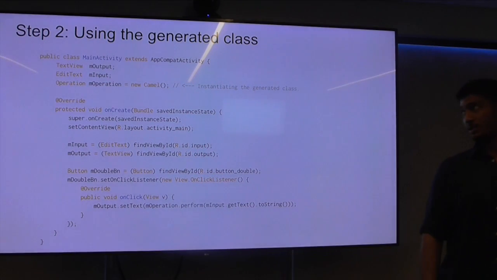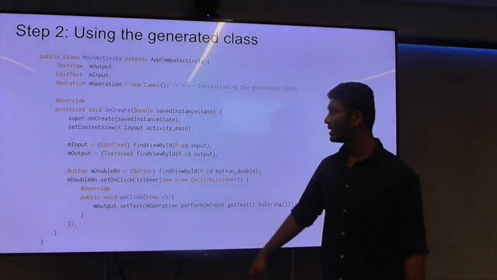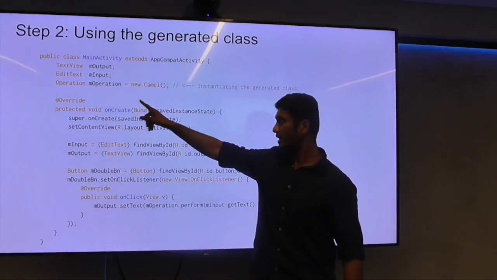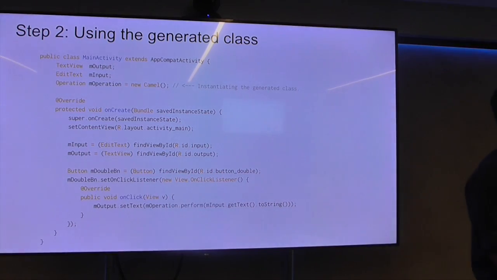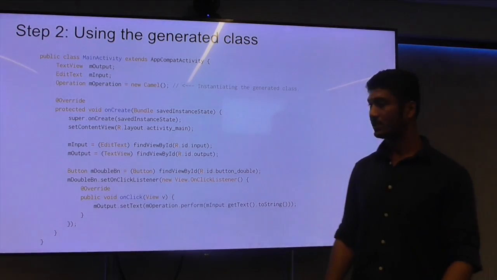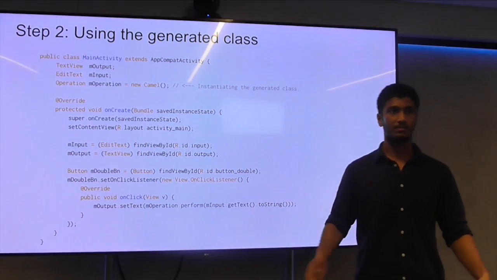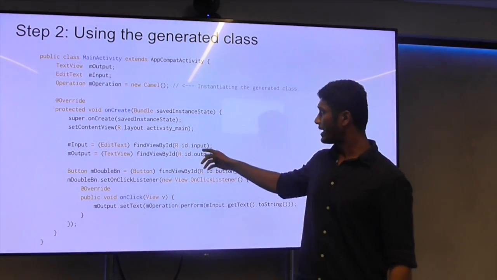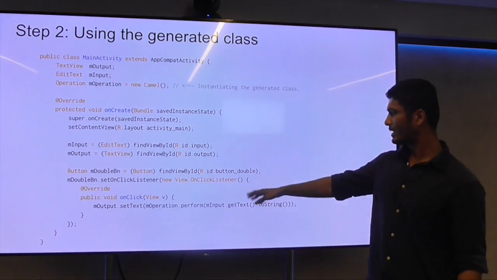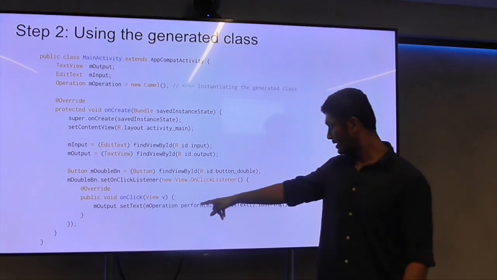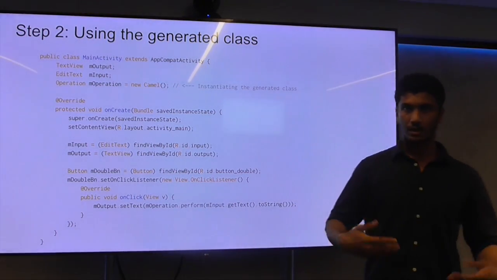Then the code that uses our generated class. This is plain Java code. The important bit is here we create an object of type operation and instantiate the camel type, which is basically the Java class that we generated from the camel package. And we do our thing. This is UI stuff, and the last significant line calls perform on this object.